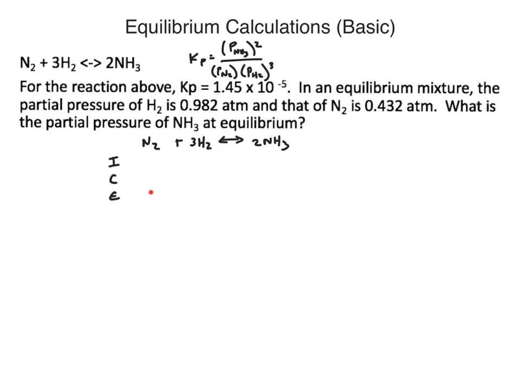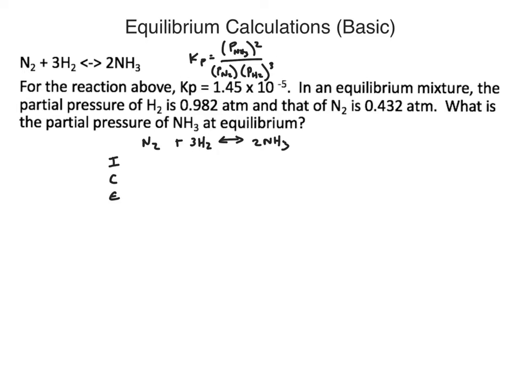Basically, what they've given us is the equilibrium values of N2 and H2, and they want us to solve for the equilibrium concentration of NH3. So the use of the ICE table is not really necessary in this specific problem. However, I just want you to get used to differentiating between the initial, the change, and the equilibrium.